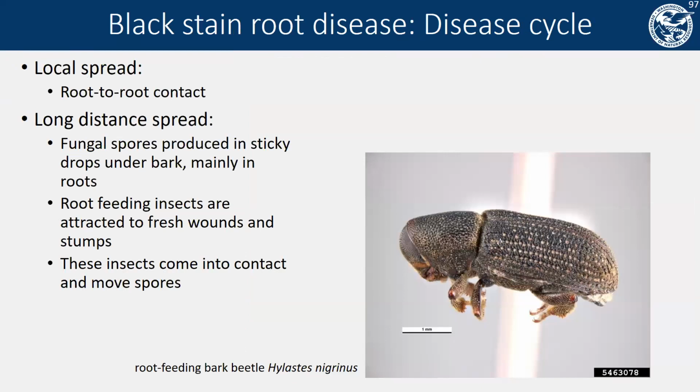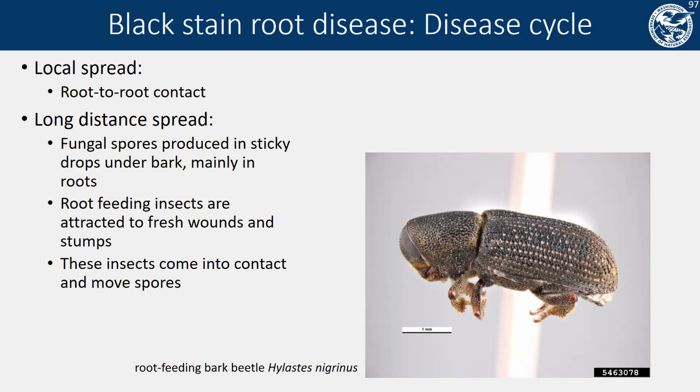So how does this disease cycle work? Well, black stain root rot does spread locally from root to root contact. That explains why we see those traditional clumping of root decline, root diseases that you see in the field. However, a little uniquely, this disease also spreads via long distance by producing fungal spores underneath the bark, so between the wood and the bark, mainly of the roots.